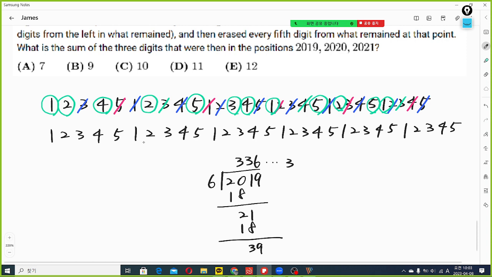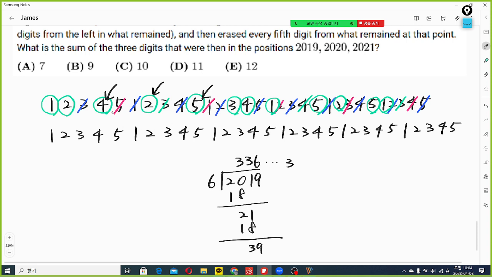So that means the 2019th number will be the third number on the list. So this one is the 2019th number. So the 2020th number is 2 and the 2021st number is 5.